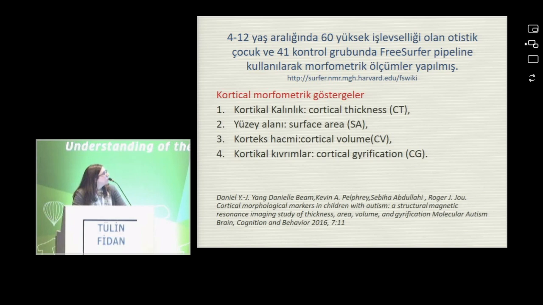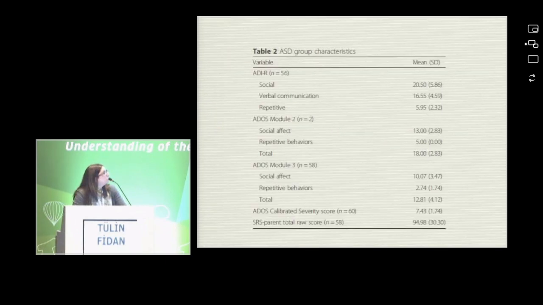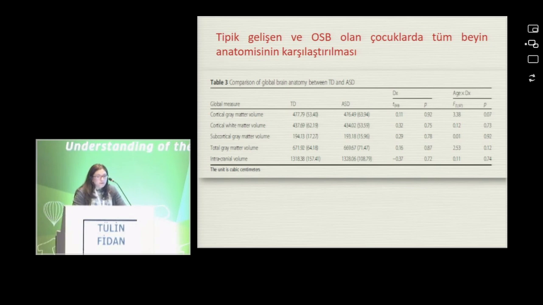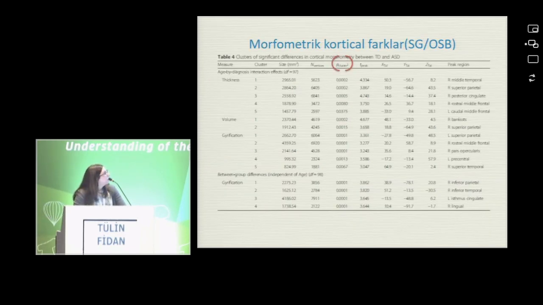Generally, these measurements were done with mathematical techniques, but this is done with free software, and you can download that software or methodology from the website. Comparison of global brain anatomy in children with typical development and autism spectrum disorder.